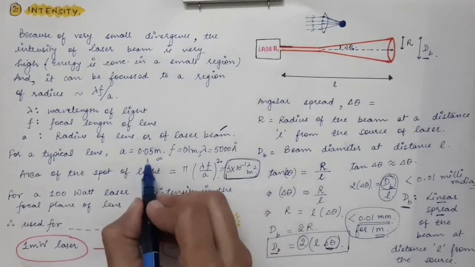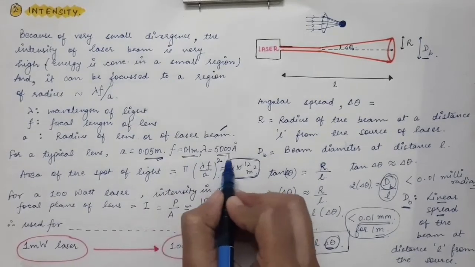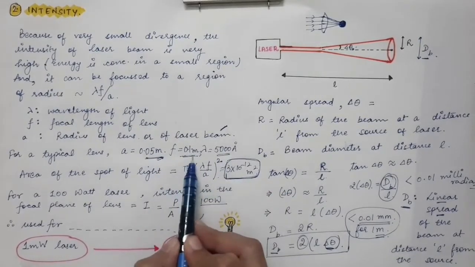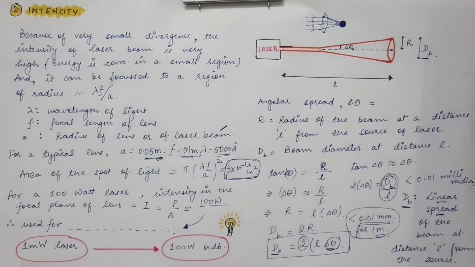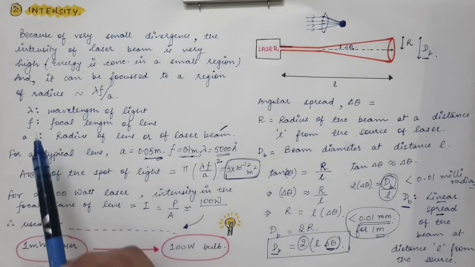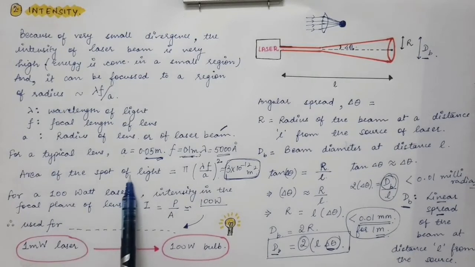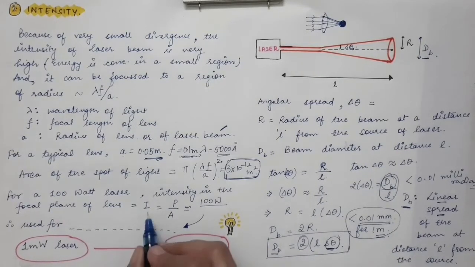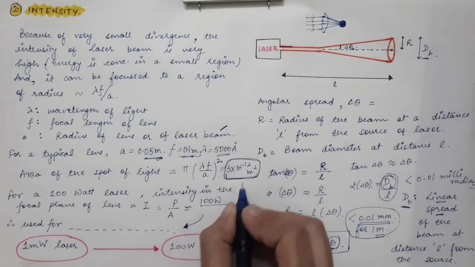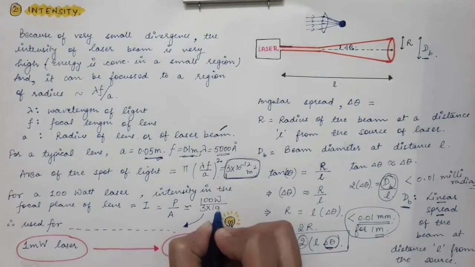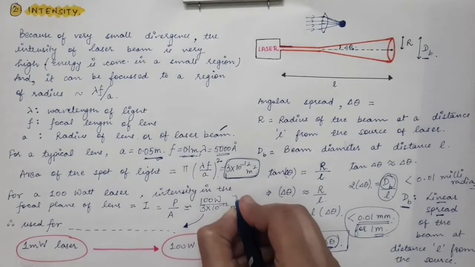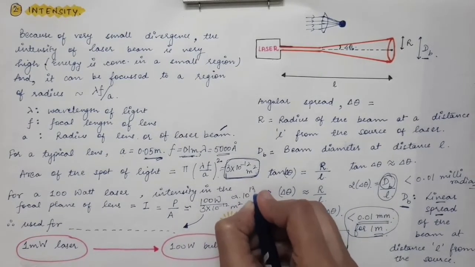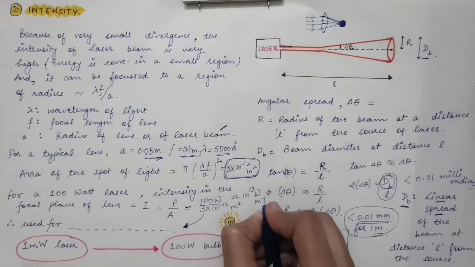So if you take this type of lens to focus the laser light, whose radius is equal to this value and focal length is equal to this value, then the intensity of the laser light at this particular spot where the light is concentrated will be equal to 100 watt divided by this area, which is 3 into 10 power minus 12 meter square, and this will come out to be approximately 10 power 13 watt per meter square.